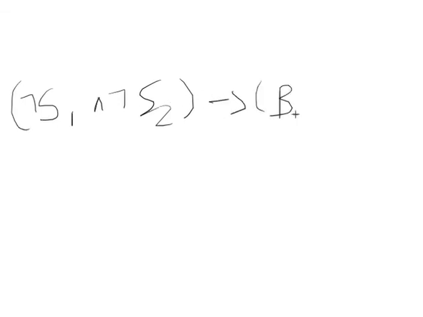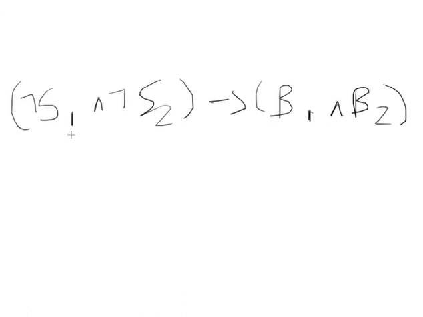So we have not S1 and not S2. So if that, then B1 and B2. So here is what we have arrived at as our final translation. If not S1 and not S2, then B1 and B2.